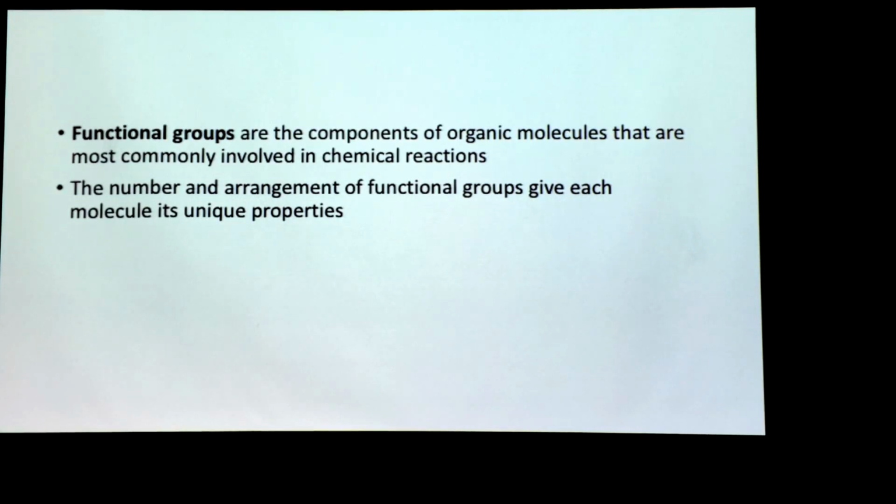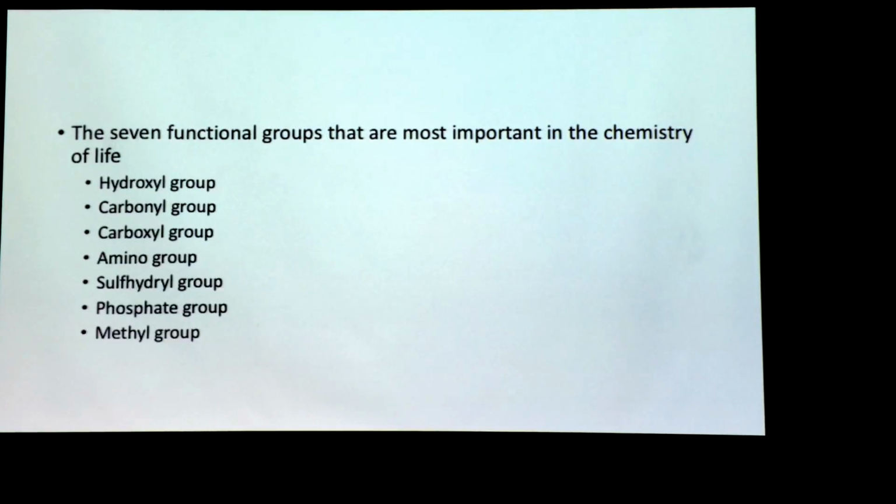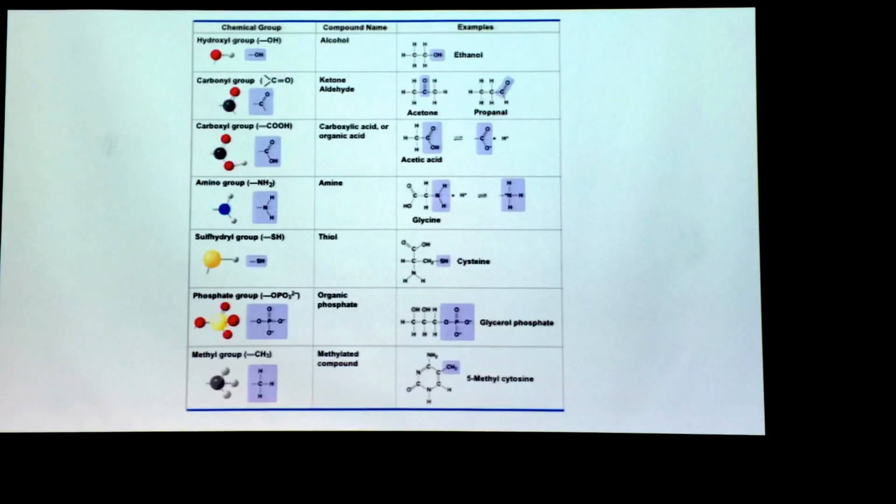Now we're almost done with this chapter. Almost done. Your job is to memorize each of these functional groups. Functional groups are like flags on large molecules. That's why each of these functional groups has a line, like a dash, because it attaches to a larger molecule.